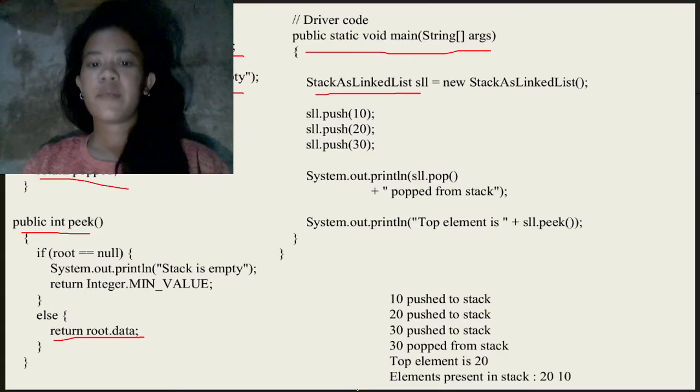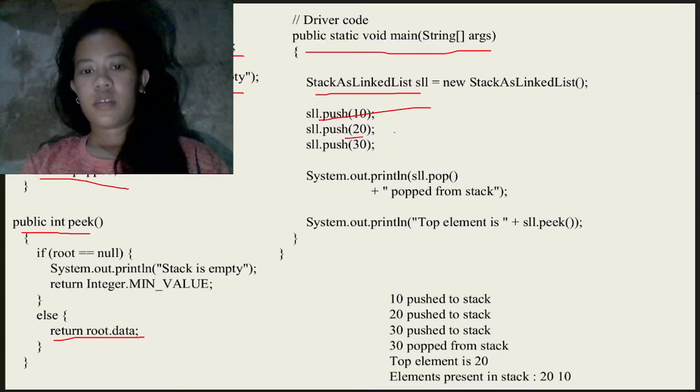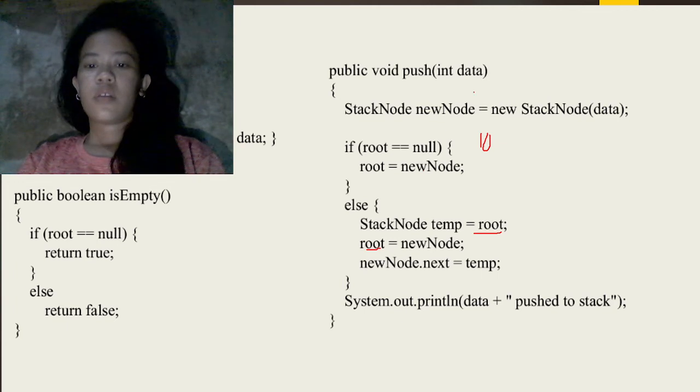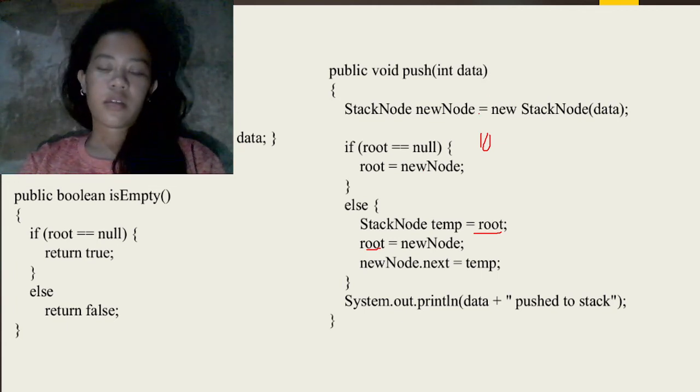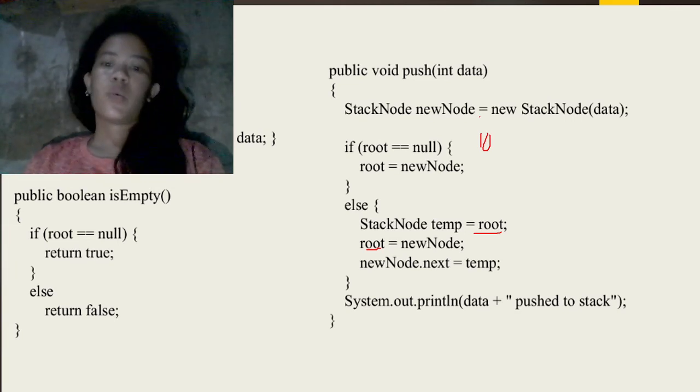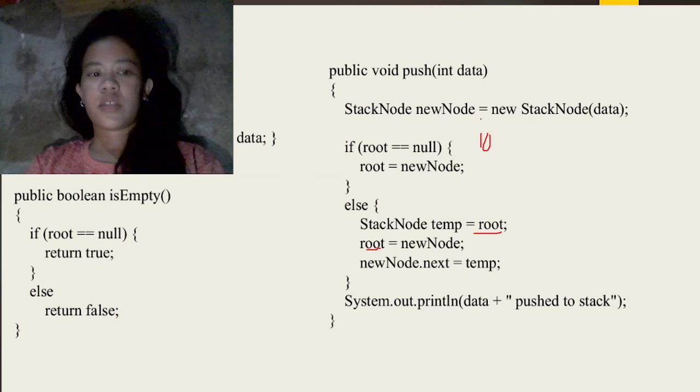And the next, 20, we're going to push it. Here with 20 we're going to check the stack again, and root is equal to null is false, because the stack already has an element, 10.